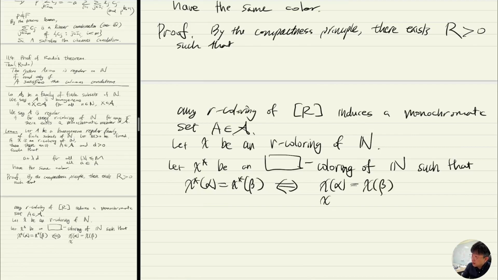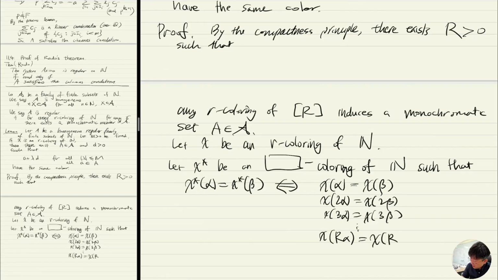chi 2 alpha equals chi 2 beta, chi 3 alpha is equal to chi 3 beta, up to chi r alpha is equal to chi r beta. All right.